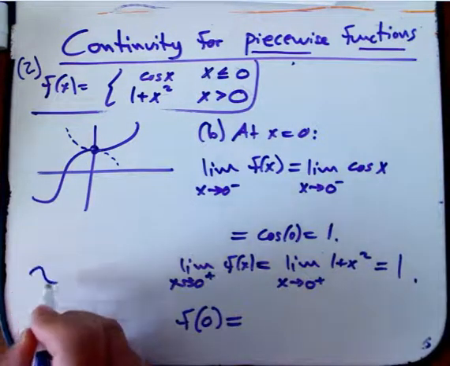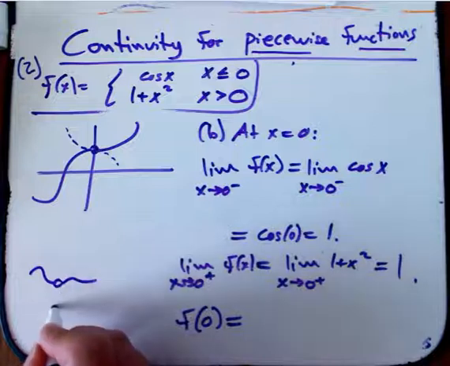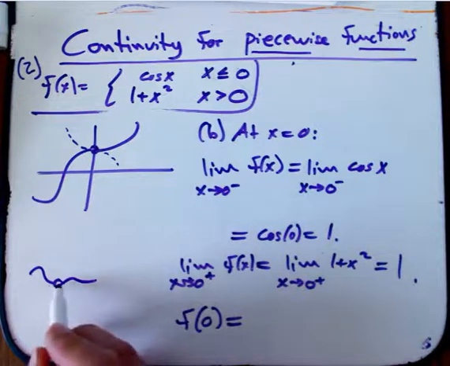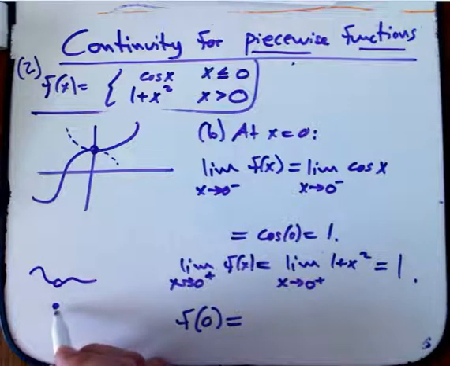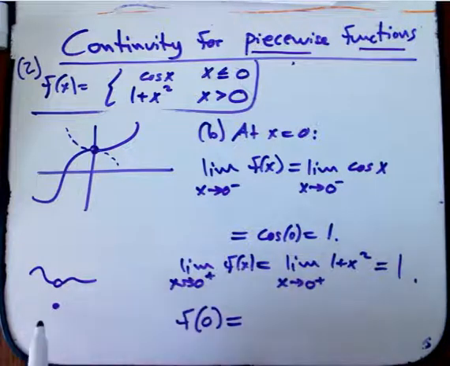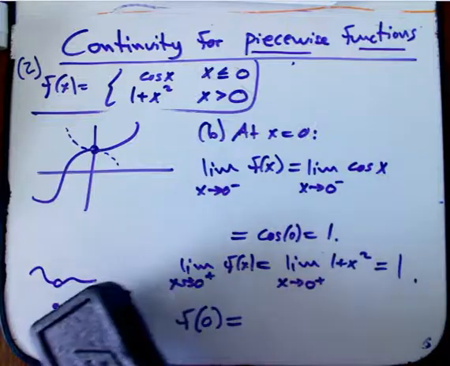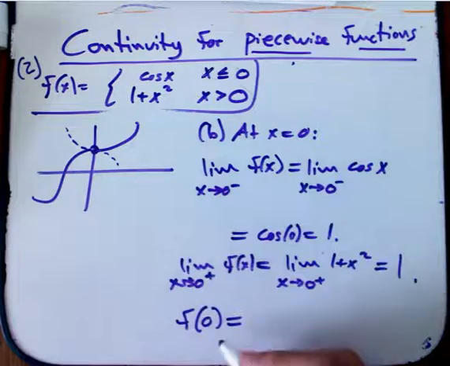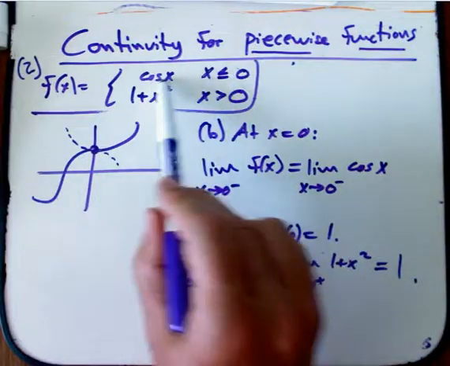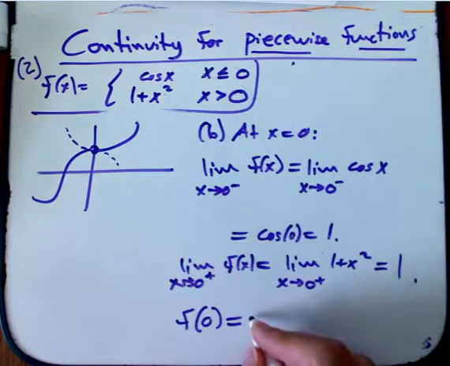You can have a situation where something really wants to be the value of the left-hand and right-hand limits, and yet for some perverse reason I've defined the value to be something different. Honestly, that's really rare, and usually you just say, oh, that was a mistake. But it can happen, technically. Okay, f of 0, well, I'm using cosine at 0, and that's 1.